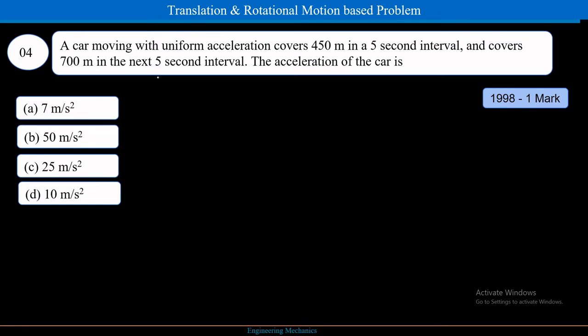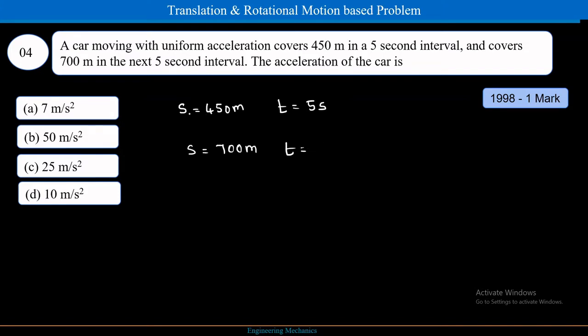In this question, a car moving with uniform acceleration covers 450 meters, that is a distance of 450 meters in 5 seconds. Okay, and covers a distance of 700 meters in the next 5 second interval.